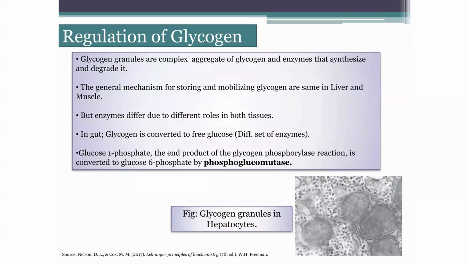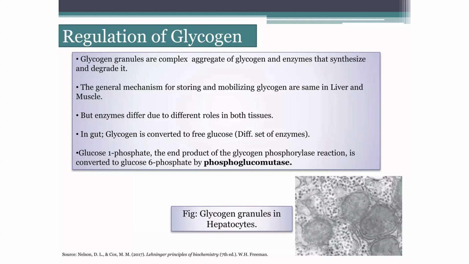So the complex made of the enzymes and the glycogen itself is what we call glycogen granules. And the general mechanisms for storing and mobilizing glycogen are the same in liver and muscles.